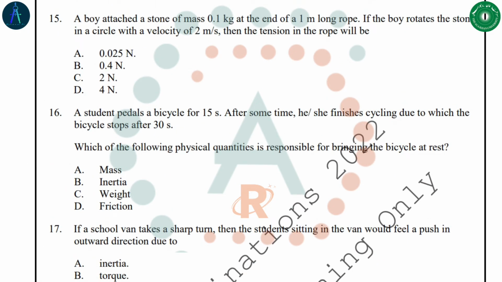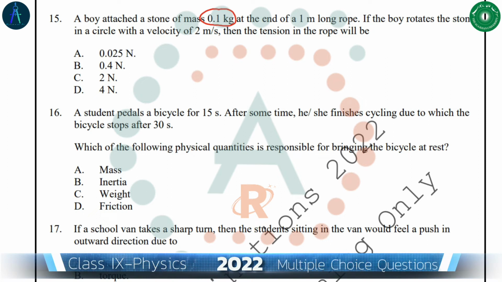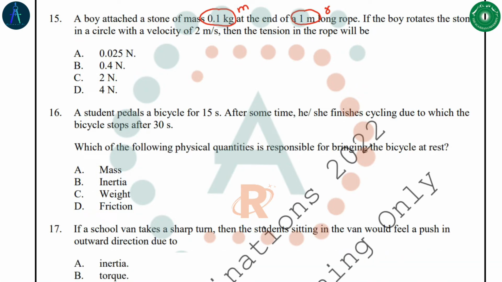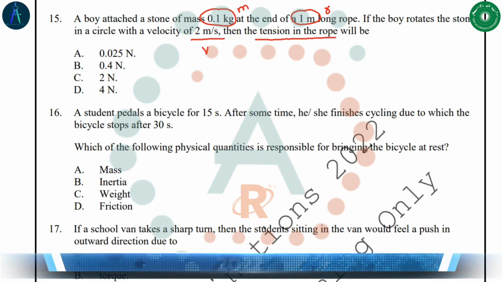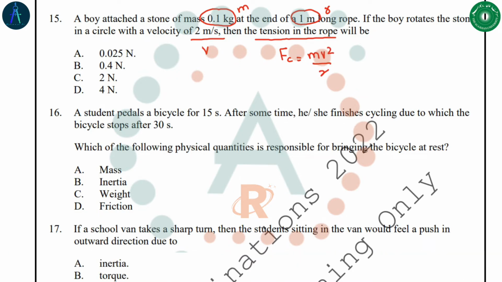Now we have question number 15. A boy attached a stone of mass 0.1 kilogram to the end of a 1 meter long rope, that is the radius, and this is the mass. The boy rotates the stone in a circle with a velocity of 2 meters per second. Then we have to find the tension in the rope. So as we know, the tension will be provided by the centripetal force, and the formula of centripetal force is mv square over r.